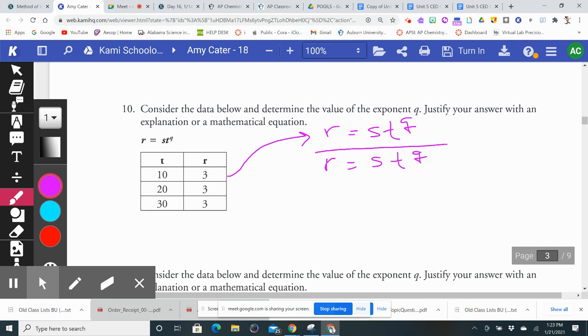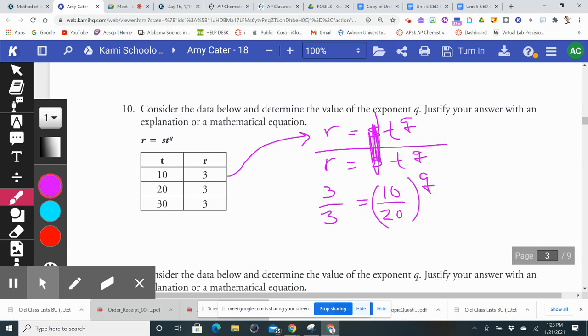But my S's are constant, so they fall out of the whole situation. They're not even there, right? So 3 over 3 equals 10 over 20 to the Q power. Does that make sense?